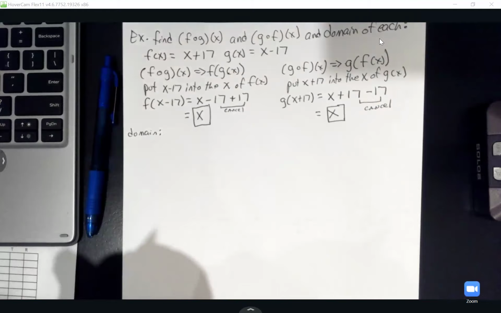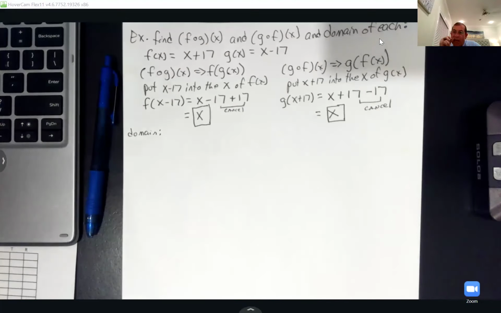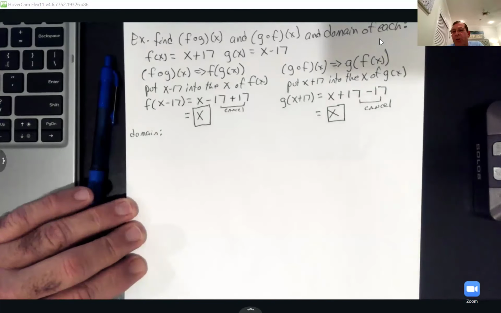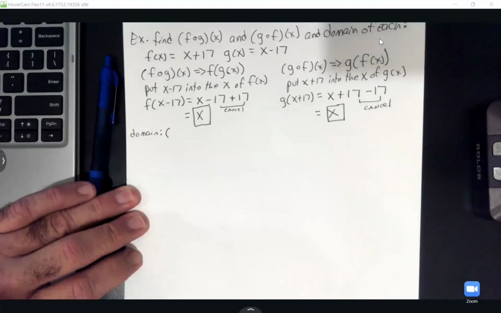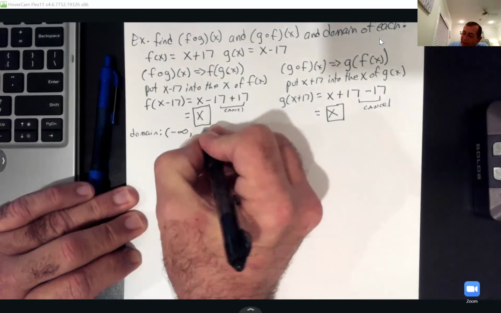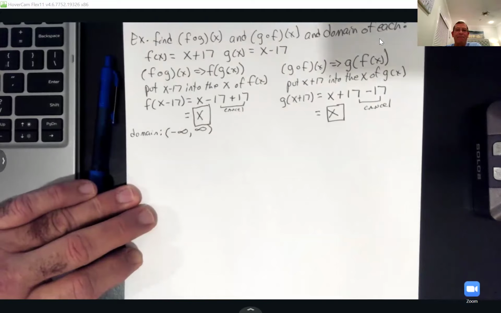A fraction. Remember, that's the only thing I'm worried about, the fractions. If you have no fractions, your domain is real numbers. We write that as negative infinity to positive infinity.